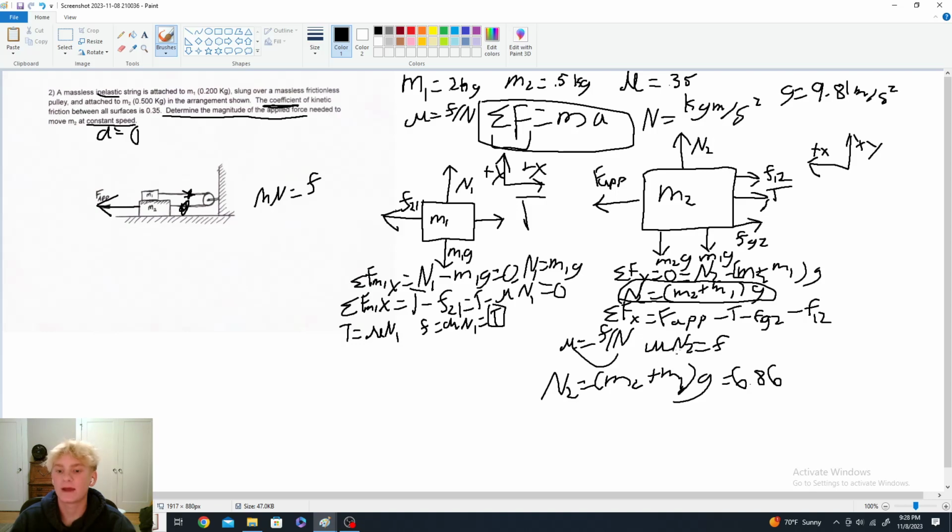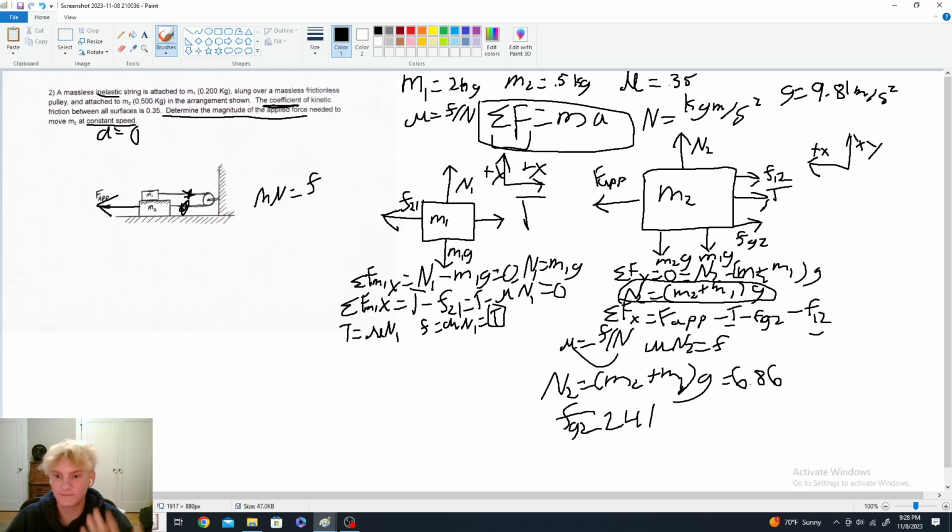And when we multiply that by our coefficient, because remember it's M2 times coefficient, we multiply that by 0.35, our frictional force equals 2.41. And this is frictional force of the ground on number 2. So we just have tension and this force left, right?